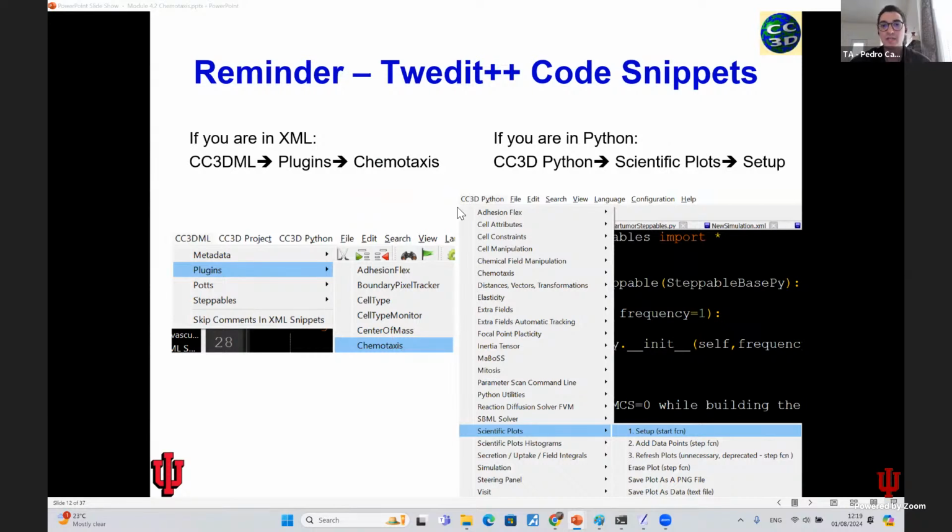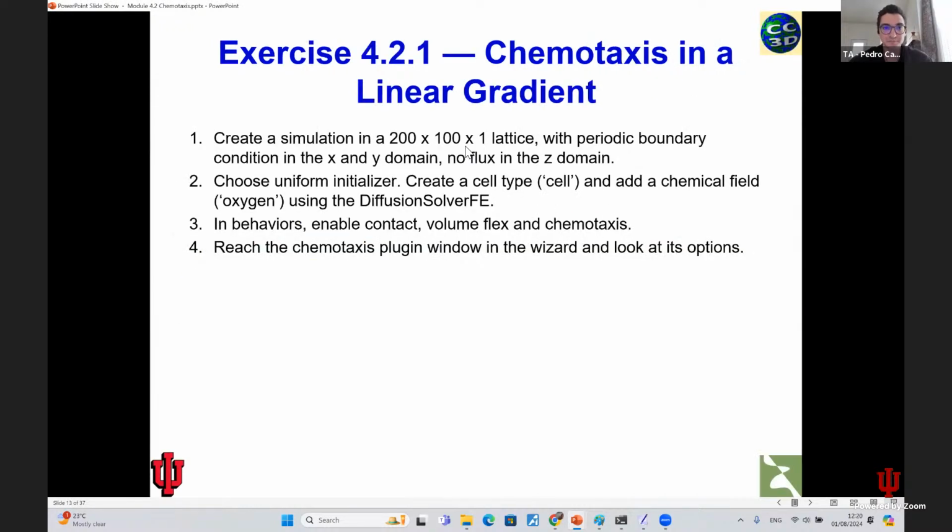And if you are in Python, CC3D Python scientific plots setup, you can set up your scientific plots. We will use plots in this lecture, and you can grab these code snippets prepared for you, which you have to edit.